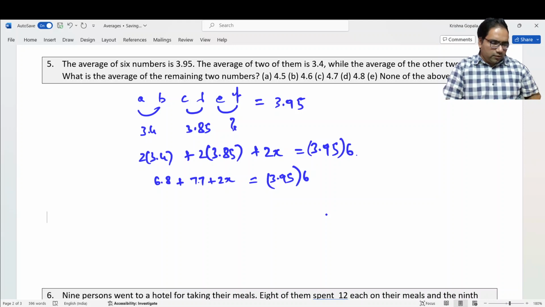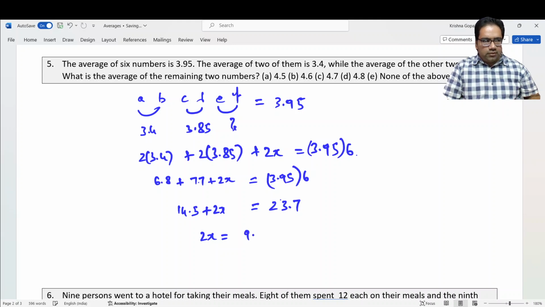3.95 into 6, about 4 into 6, comes to 23.7. So 6.8 plus 7.7 is 14.5, plus 2x. 2x is equal to 23.7 minus 14.5, which is equal to 9.2.